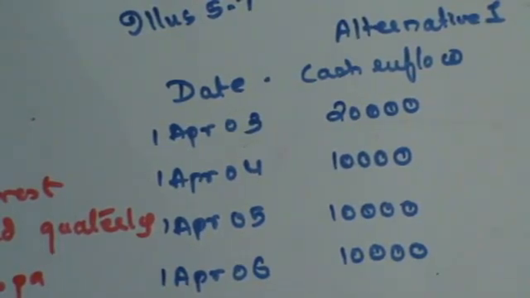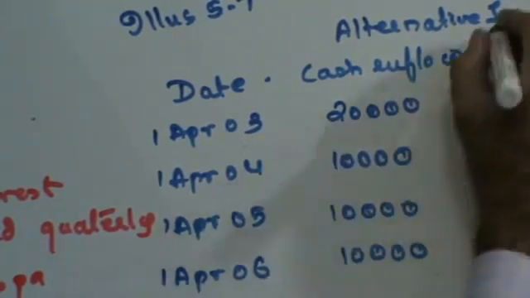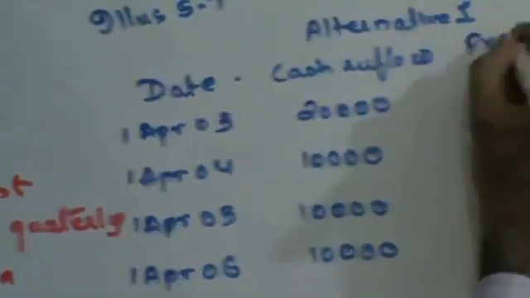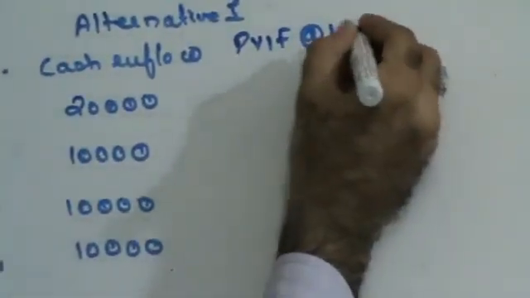Let's find out the present value interest factor at the rate of 10%.